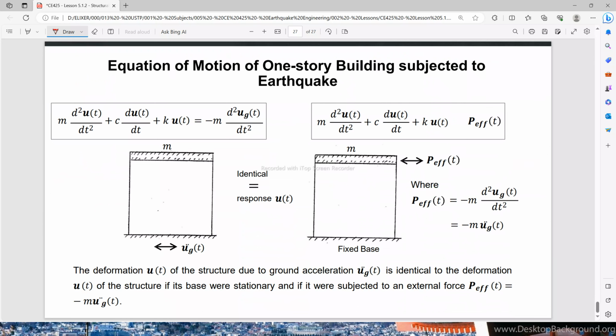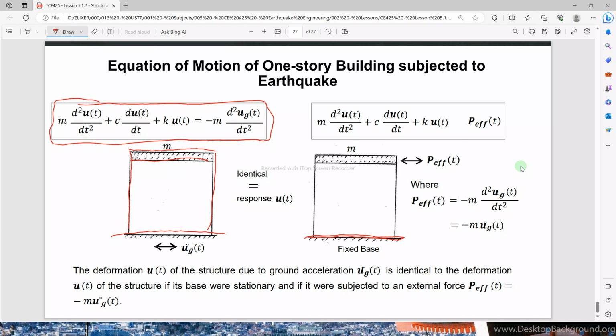So what we did here, on the left side, we have katong initial condition na to, or we have the building under earthquake excitation. And then this is what we have solved earlier. So we can also try to idealize this one as something like this.